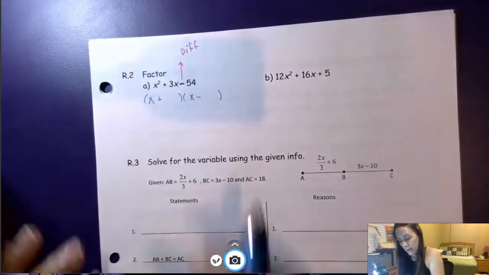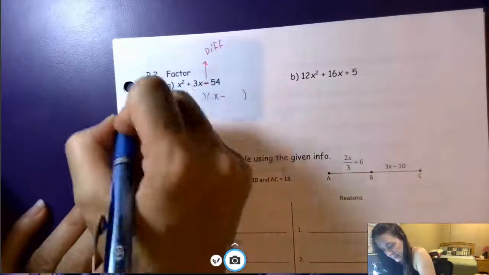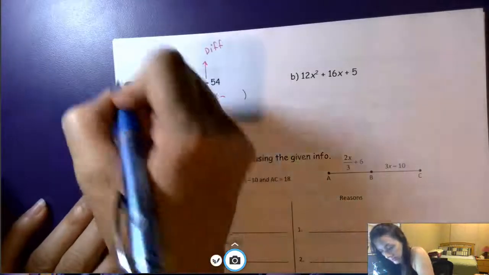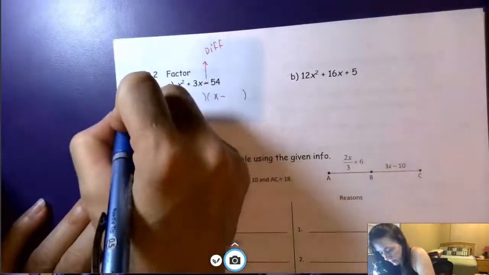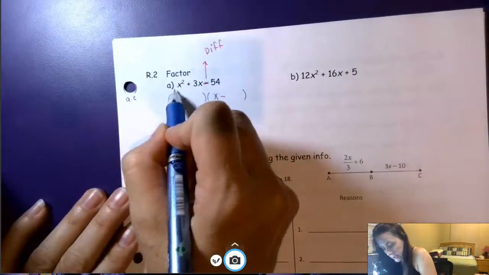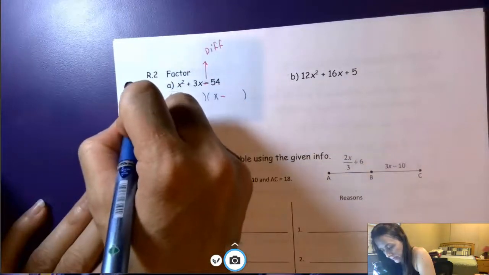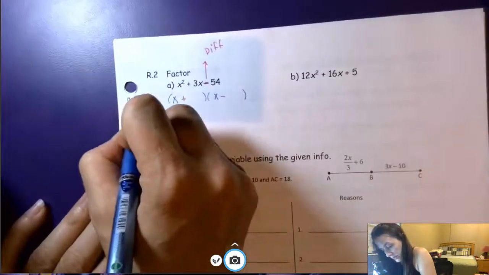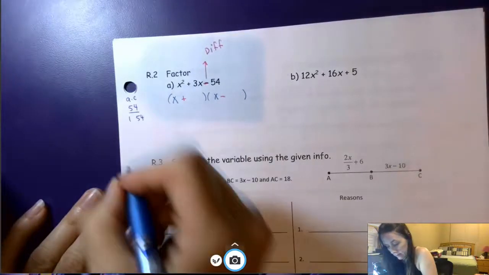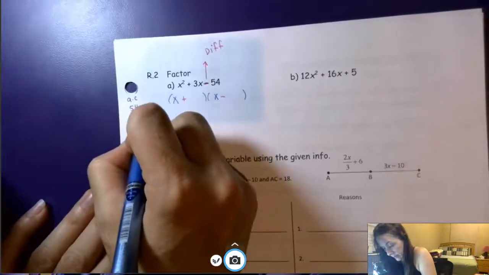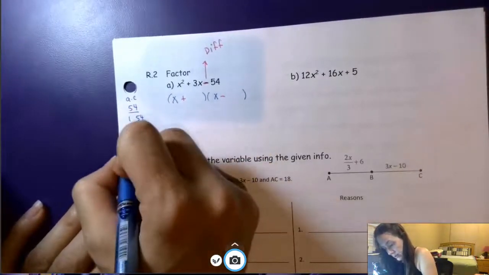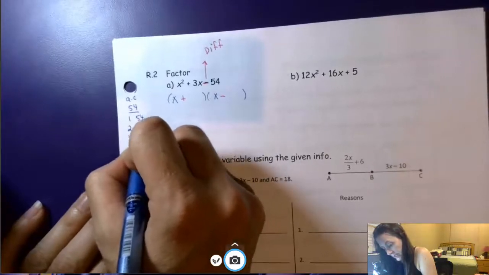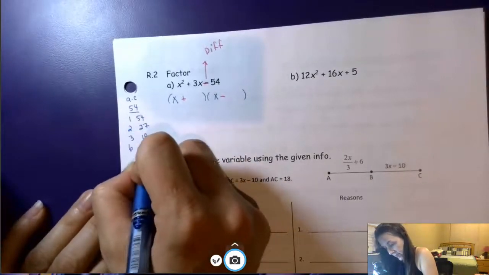Okay, so I need factors of a times c. So a times c is 1 times 54, so I get factors of 54, or 1 times 54. I write all the factors. You don't have to if you see the combination right away. 2 times 27, 3 times 18, 6 times 9.